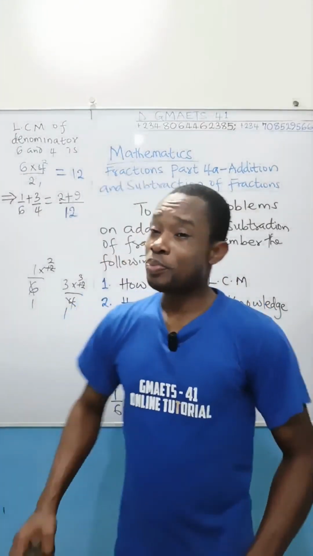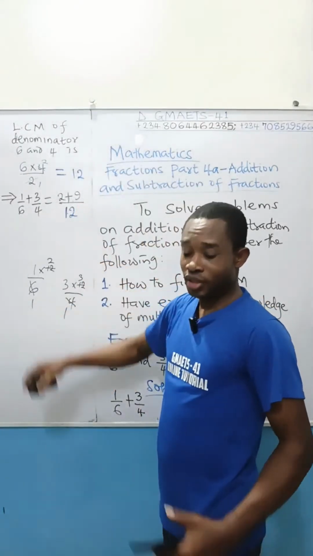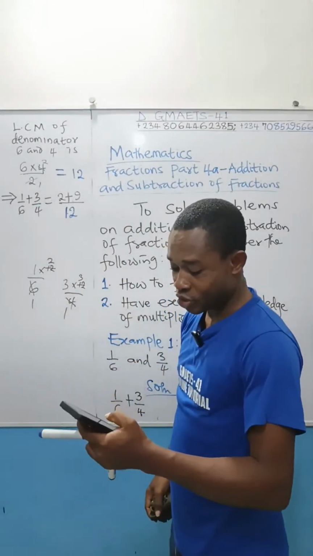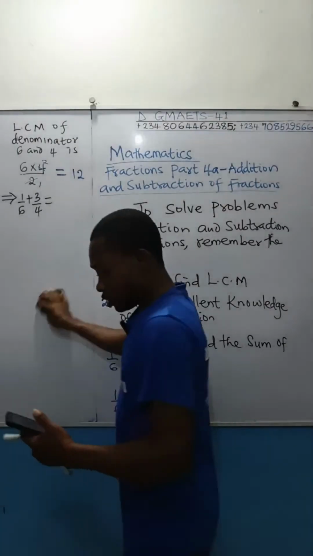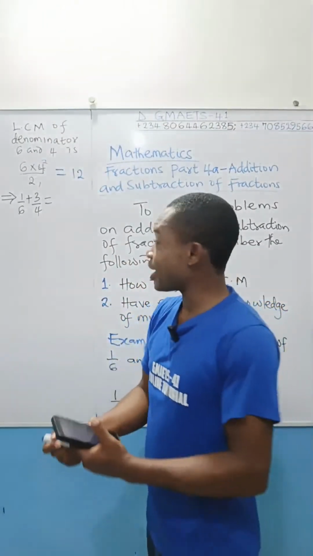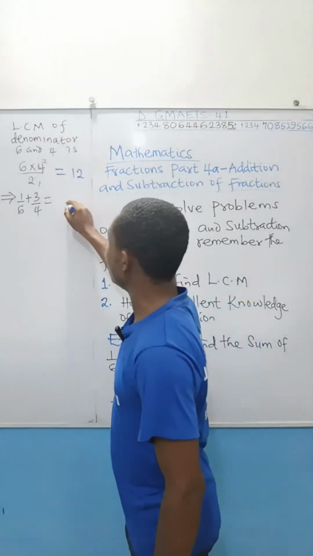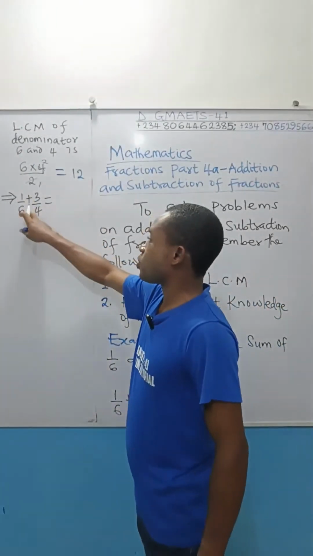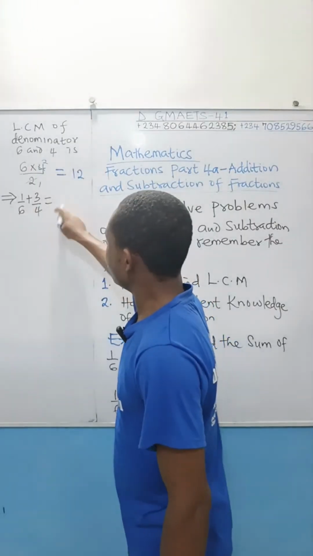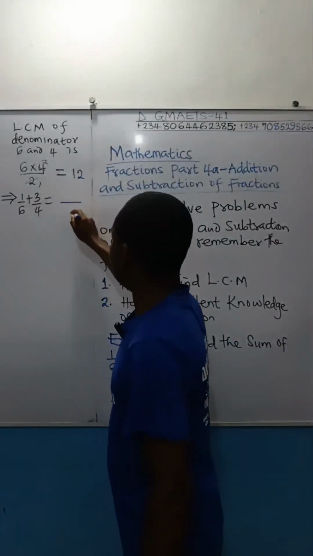So I am going to repeat this once again. The network is just trying to mess what I'm doing here up, but all the same, let me repeat it once again. Like I said, you have gotten the LCM, so bring out the fraction you are solving. 1 over 6 plus 3 over 4 equal to, draw your division line.